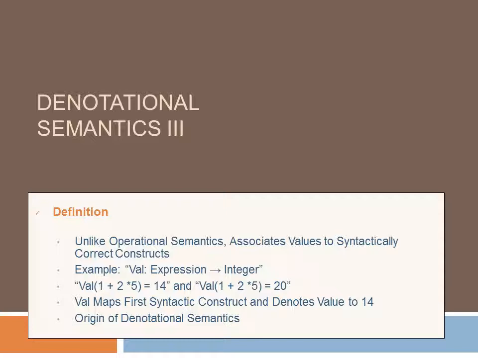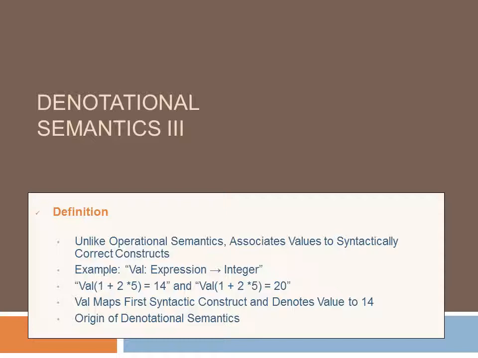While both denotational and operational semantics describe semantics of a programming language, denotational associates semantic values to syntactically correct constructs. For example, a function that maps an integer arithmetic expression to the value, that val function would be as follows: val colon expression to integer.